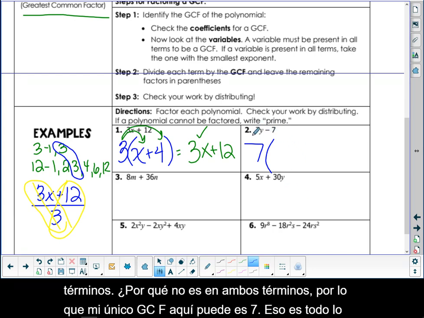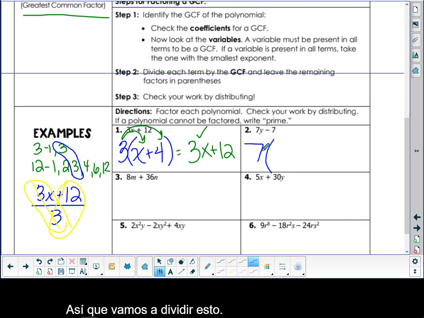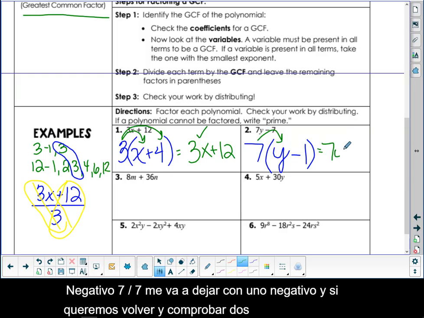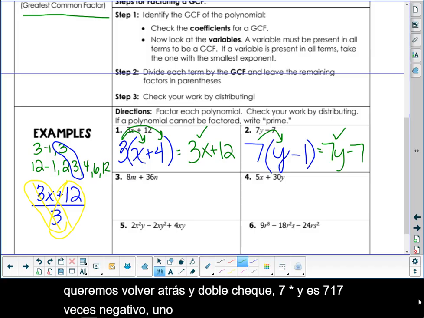So let's divide this. 7y divided by 7, the 7's are going to eliminate, and I'm going to be left with y. Negative 7 divided by 7 is going to leave me with negative 1. If we want to go back and double check, 7 times y is 7y. 7 times negative 1 is negative 7, and that is correct.